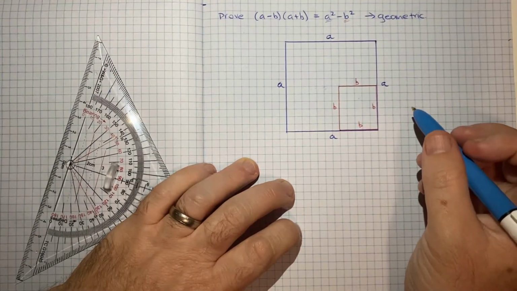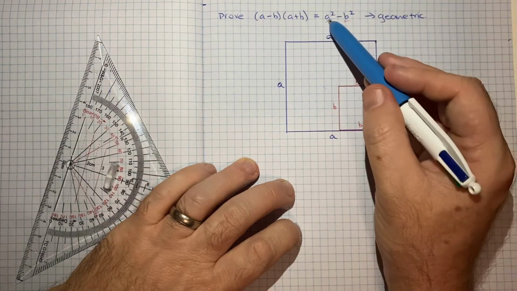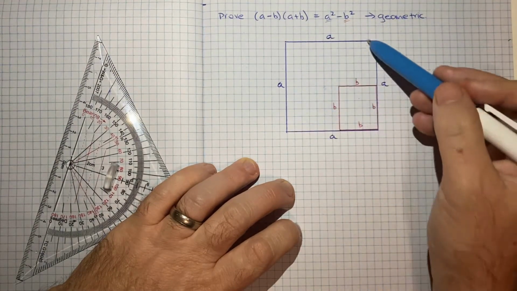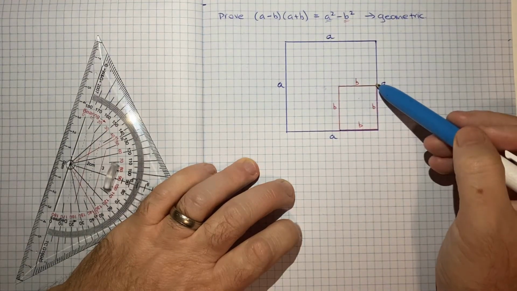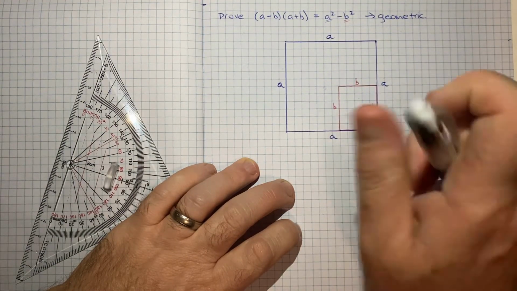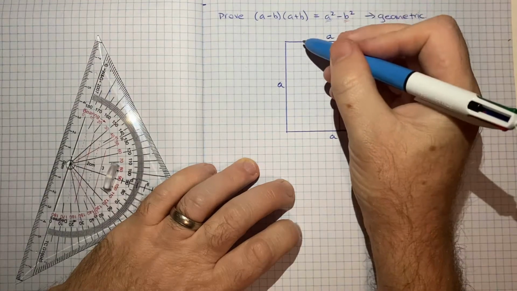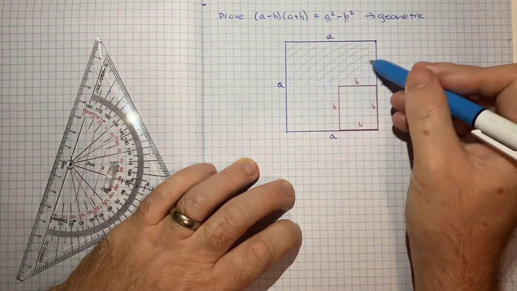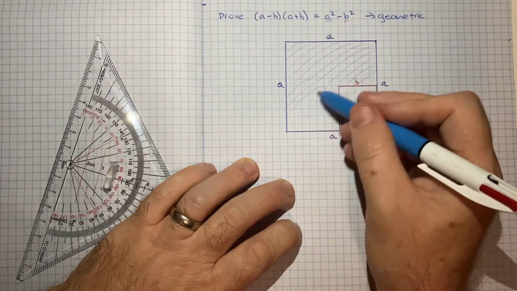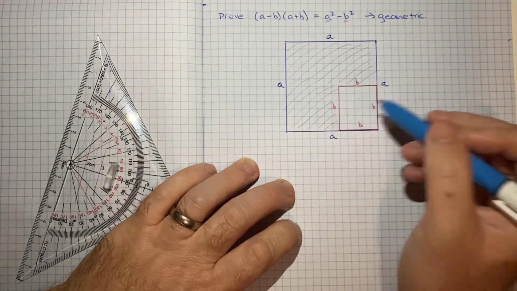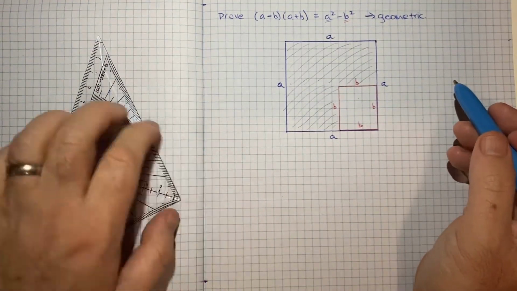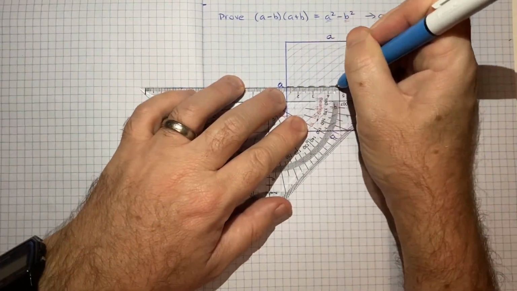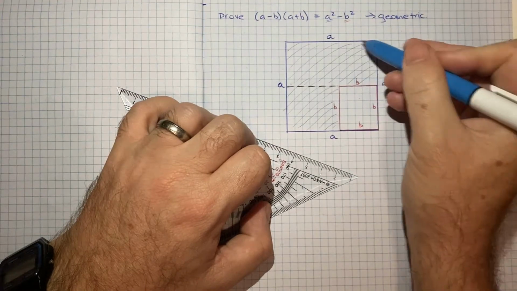Now if we want to take the difference of a squared minus b squared, the difference of the area of the big blue square minus the area of the red square, what we'd be left with is what I'm shading here in black. This area that's left over is the difference between those two squares. And we can visually break this down into essentially 2 rectangles.